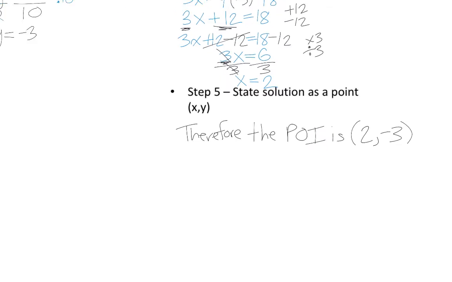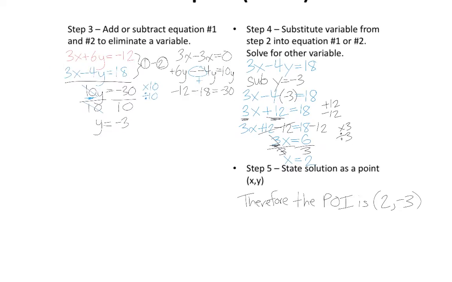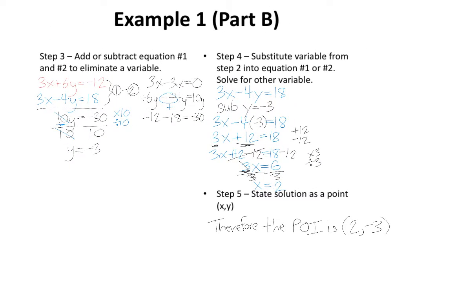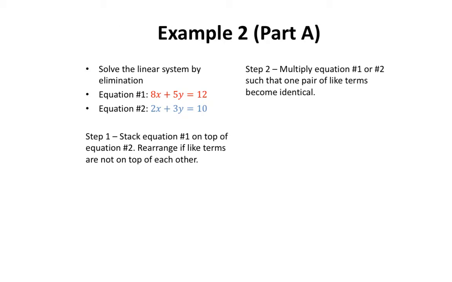And let's zoom out to show you all the work that was required for this question. In our second example, we want to solve the linear system by elimination. We're going to begin by stacking the two equations on top of one another. I'm going to write 8x plus 5y equals 12.